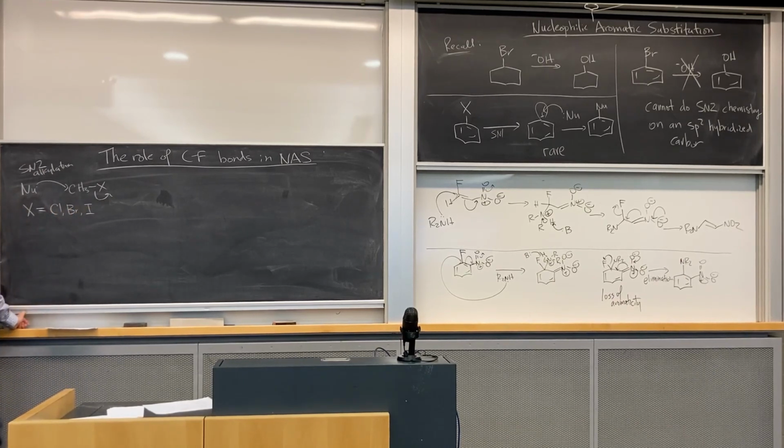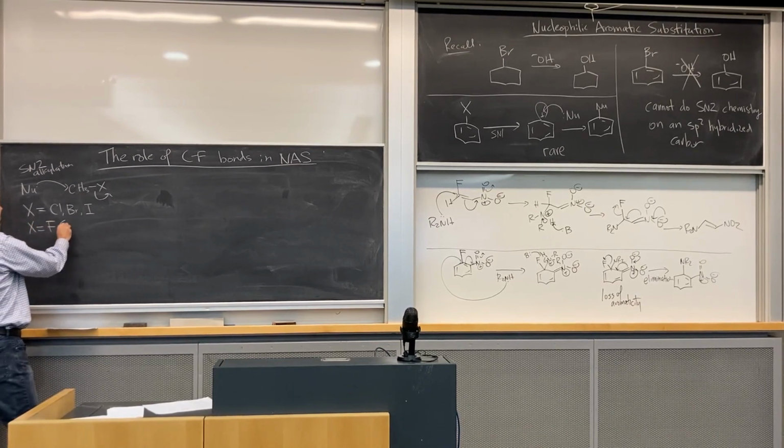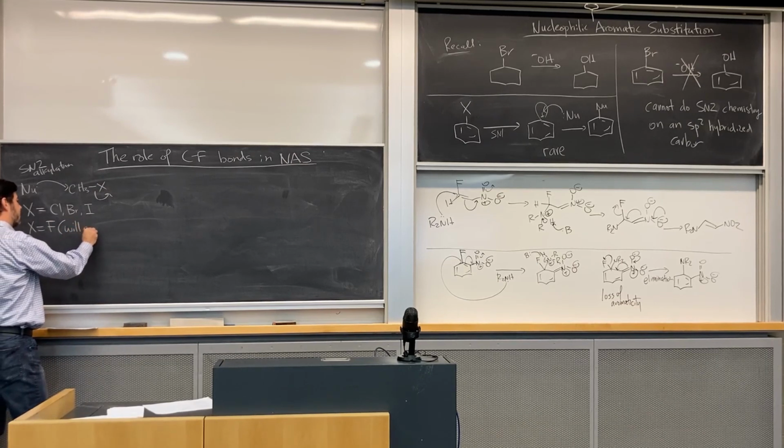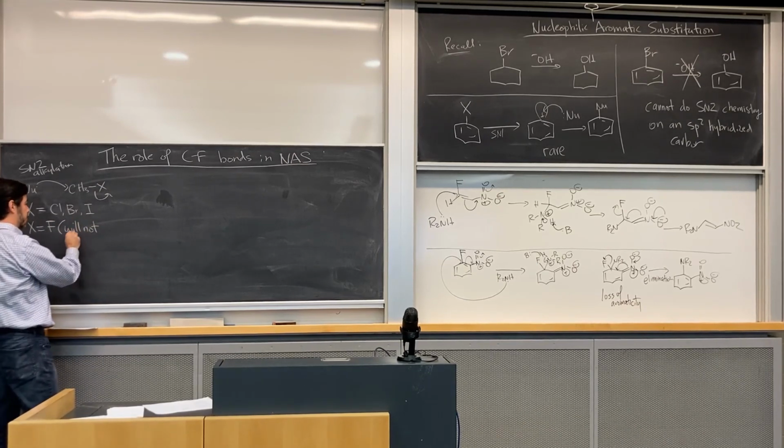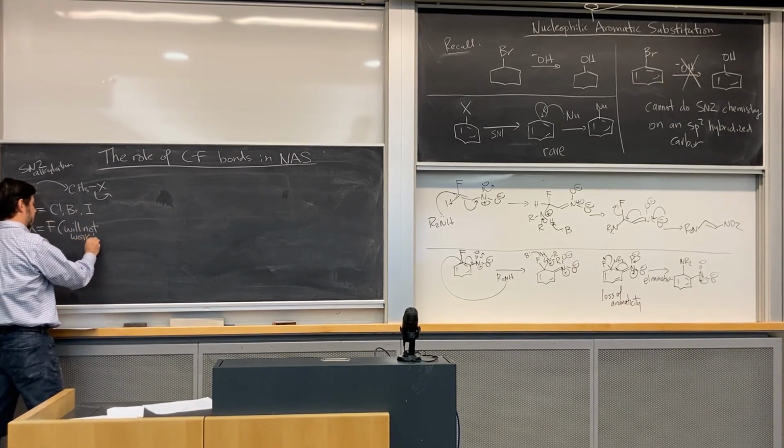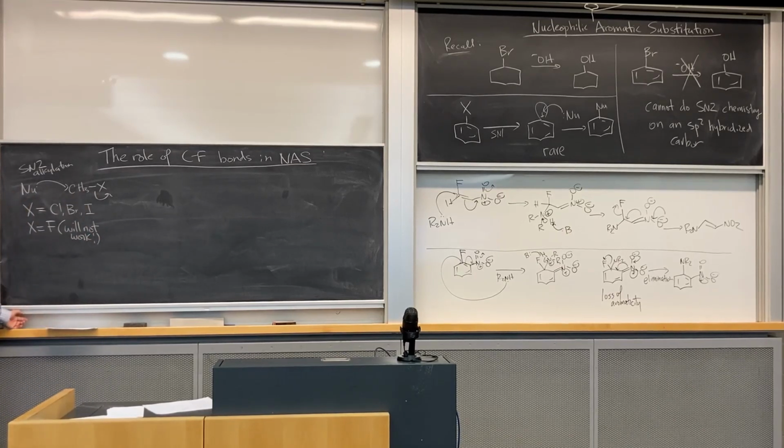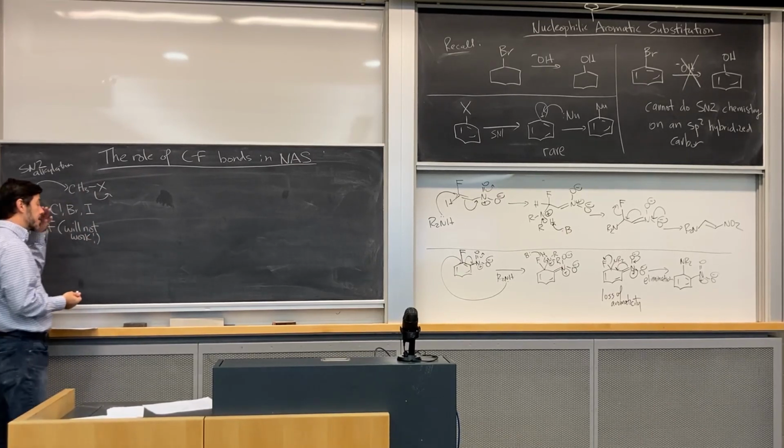Iodine is actually best because it's a better leaving group. You can delocalize the negative charge over this large atomic radius. But if X is equal to F, it will not work. So F minus is a poor leaving group. And you've probably never seen methyl fluoride as an electrophile.